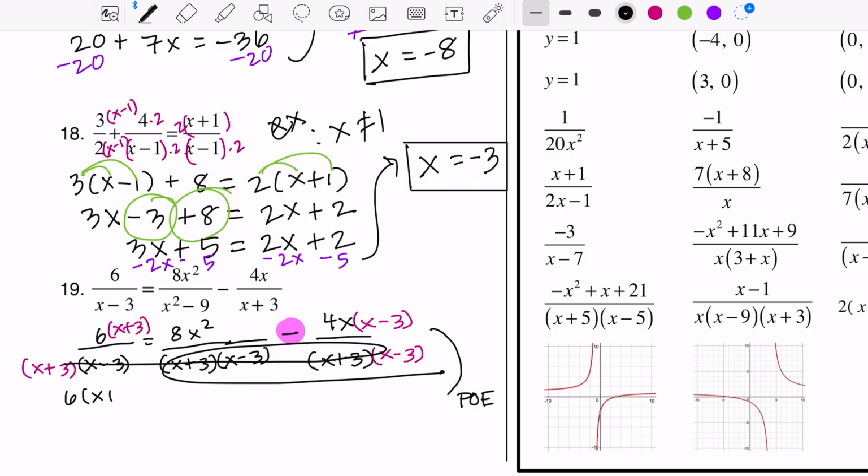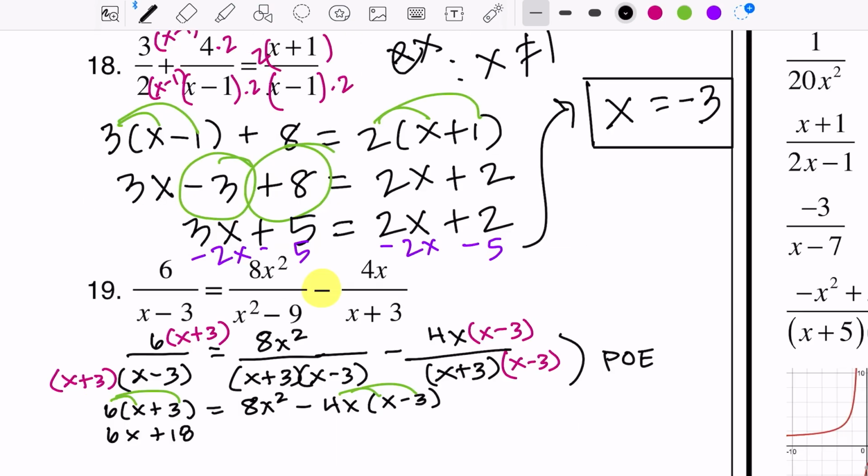So I'm going to copy down my numerator, being very careful to make sure I copy it down as is. Then I have some distributive property, which we call rainbows sometimes. I get 6x plus 18 equals 8x squared minus 4x squared plus 12x.